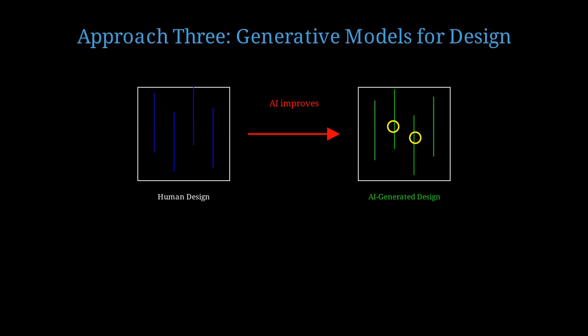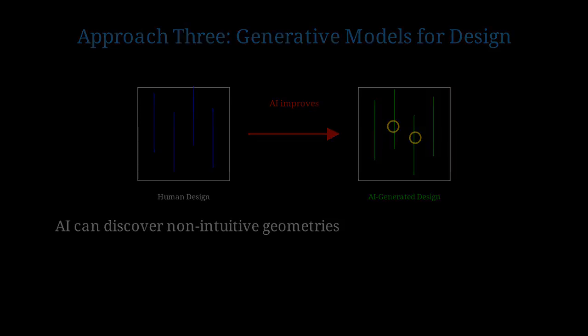The AI learns from existing successful designs and creates variations that optimize for specific objectives like mixing efficiency or cell sorting accuracy. What's remarkable is that AI-generated designs often include non-intuitive features that improve performance. For example, asymmetric channel widths or spiral patterns that enhance mixing in ways that wouldn't be obvious to a human designer. Let's look at a real-world example of how these AI tools are being applied.